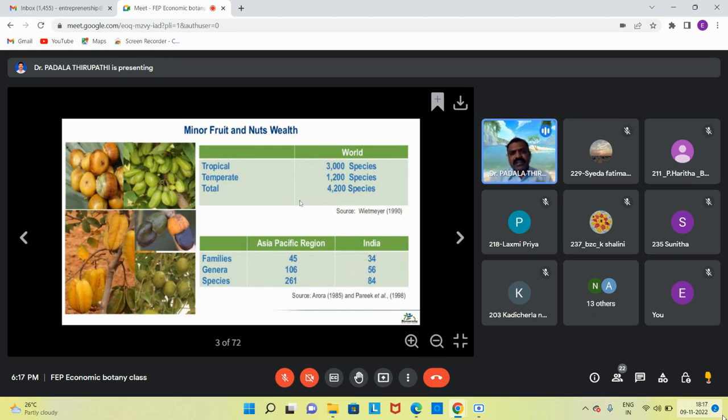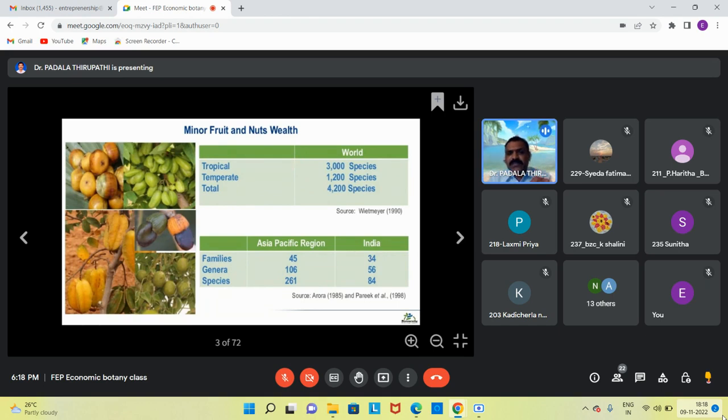That is worldwide. Then what about the Asia Pacific region? In Asia Pacific region, only 45 families we know. But in our India, only 34 families related to fruit yielding plants remain among these 3,000 species. Am I right? Because our India is situated in the tropical and subtropical region.